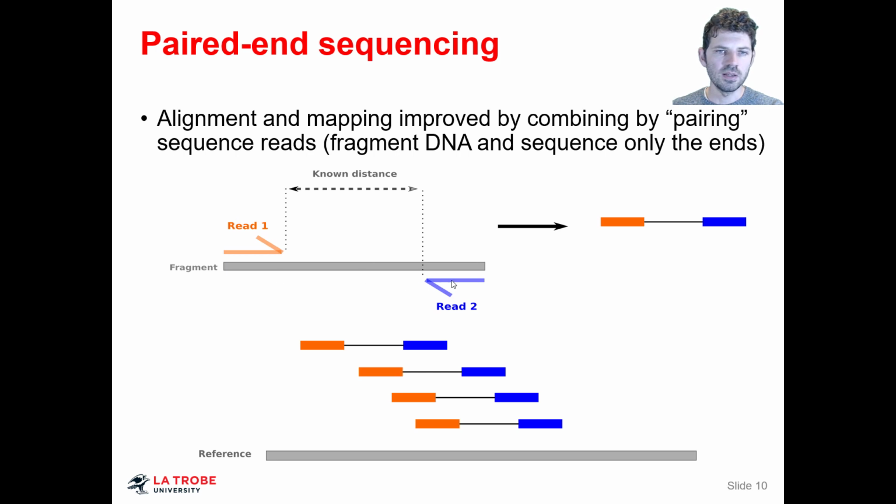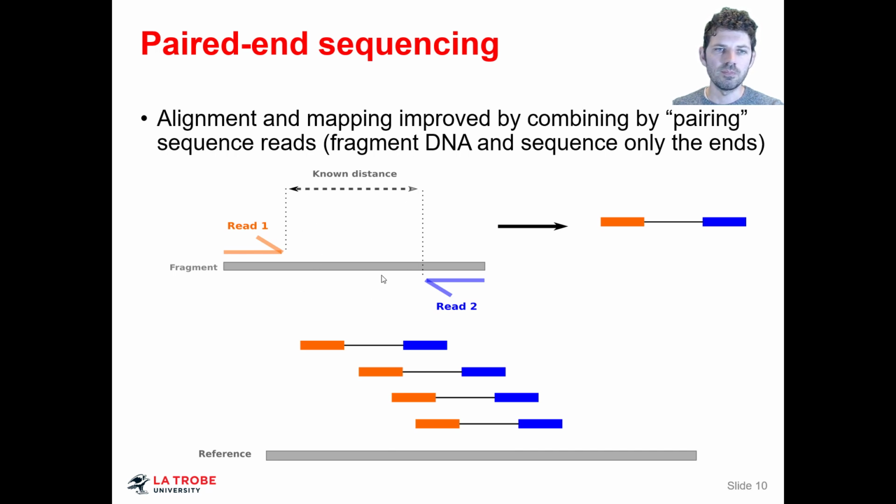What we can actually do is pair reads to either end of these DNA fragments and have a known distance in between the ends of those two reads. So these reads here might be the usual 125 or 150 base pairs for Illumina, and then there could be what's known as an insert of about 700 base pairs, which separates them.